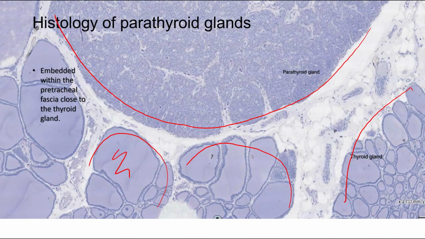And as you can see, they are both embedded in this fascia, which is called the pretracheal fascia, one of the deep fascias of the neck. So the parathyroid glands, actually there are 4 parathyroid glands, 2 pairs, superior and inferior parathyroid glands. They are embedded in the fascia posterior to the thyroid gland.